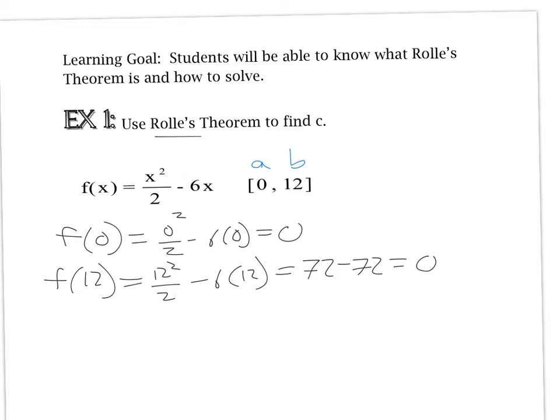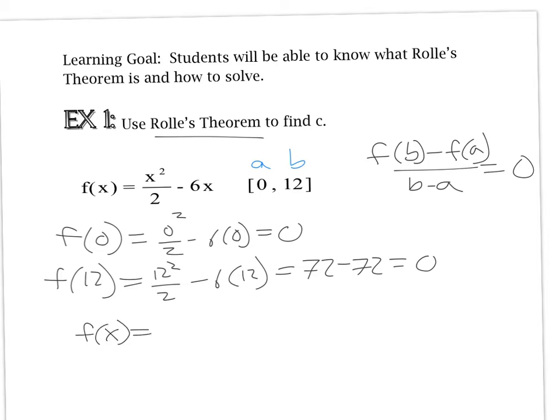So really, though, if they had told us to use Rolle's theorem, then we could go ahead and assume that f of b minus f of a over b minus a has got to be 0. Well, if that's true, then we could just take the derivative. I'm going to rewrite it first. So f of x, if I rewrote it so that I can use the power rule easily, would be 1/2 x squared minus 6x.